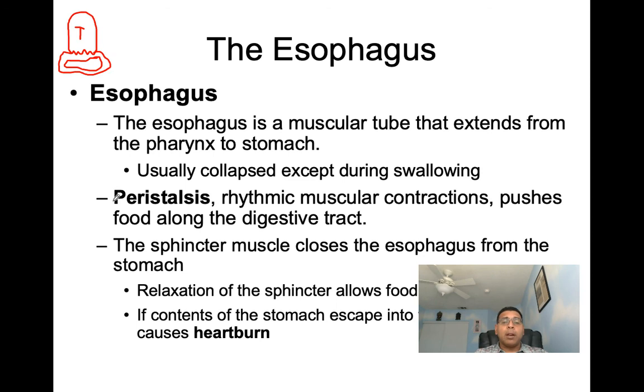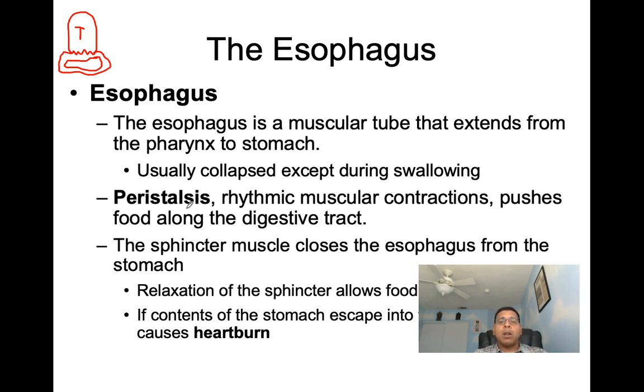Next then, let's move down. I'd like you guys to know the esophagus is going to have rhythmic muscular contractions take place within it. These rhythmic muscular contractions are going to be called peristaltic waves.